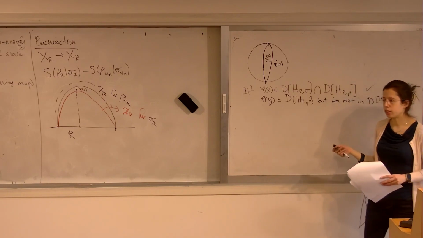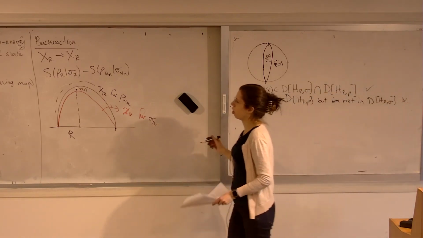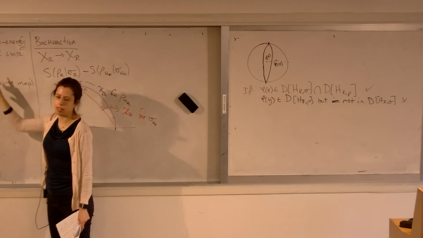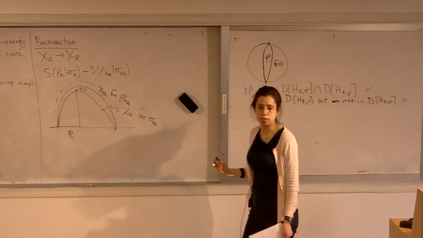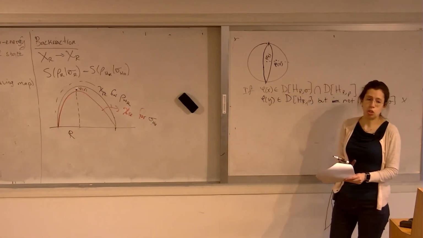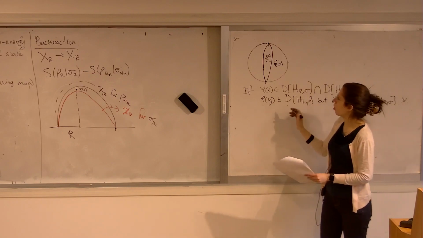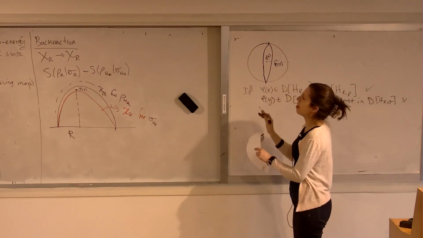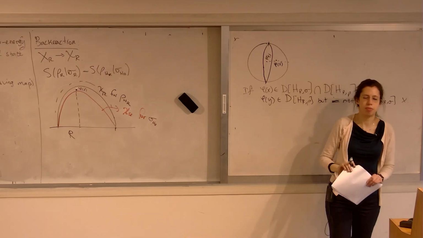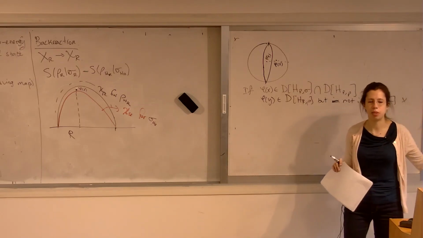Now, we could say, just take this code subspace, these are the sets of states that we're allowing ourselves, and make it really, really small. We're going to take a code subspace of states that basically never moves the quantum extremal surface. It moves it only to such subleading orders that it doesn't matter.